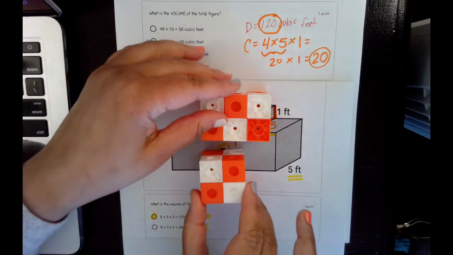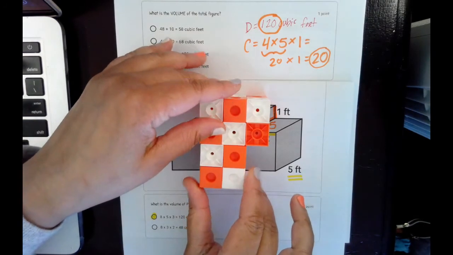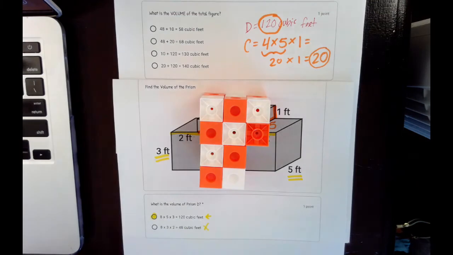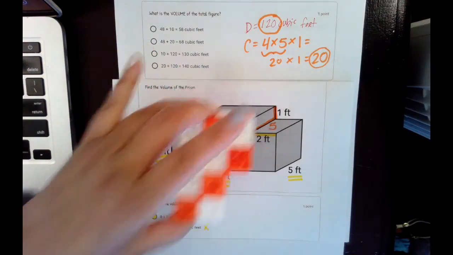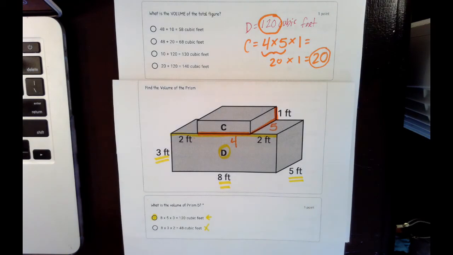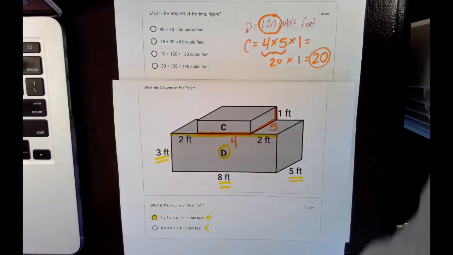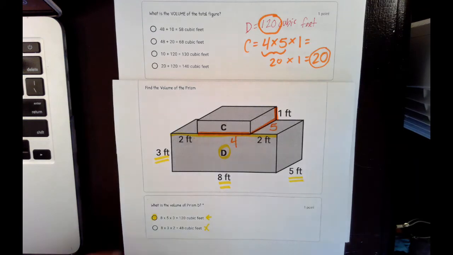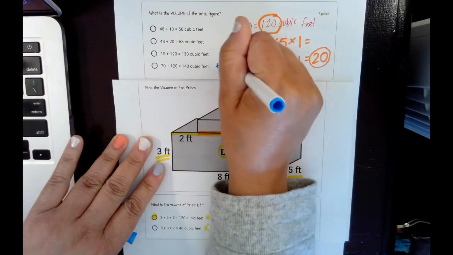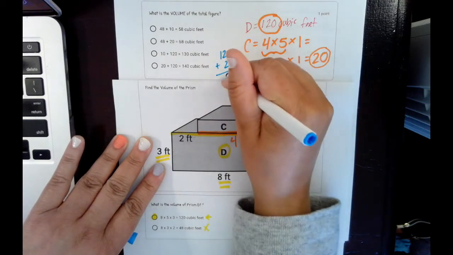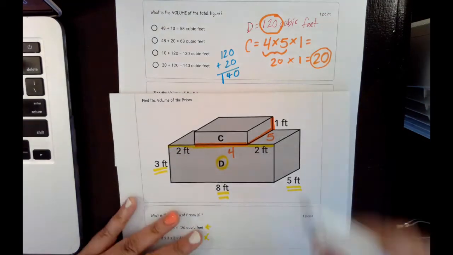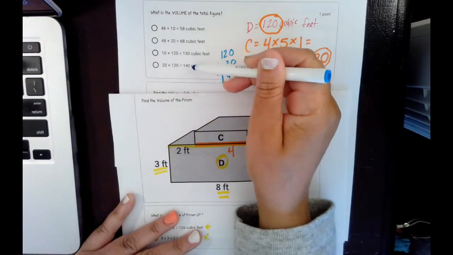When we make a shape, when they're pushed together, it's going to be the volume of this plus the volume of this, 12 plus 8. So the same thing on paper. You have the volume of D, which is 120, and then the volume of C, which is 20. So 120 plus 20 equals 140. So the answer is going to be 140.